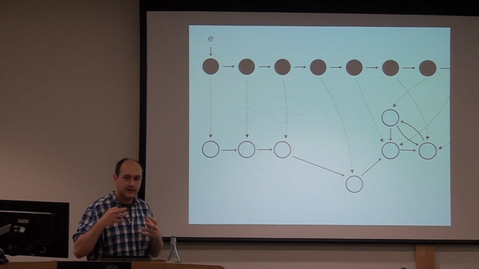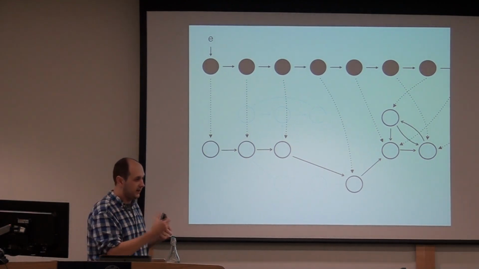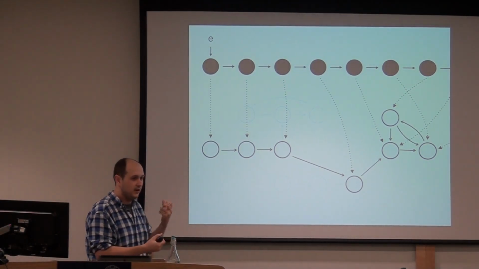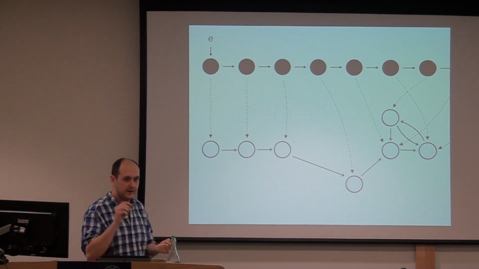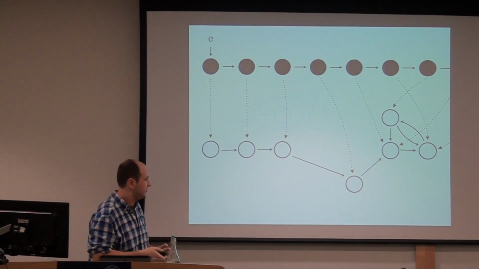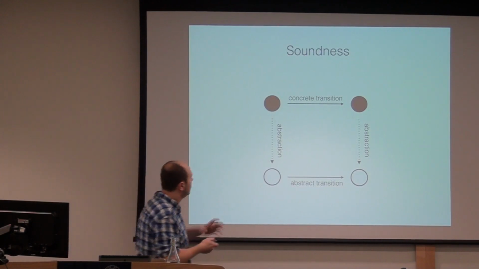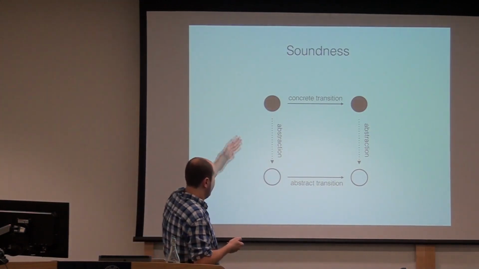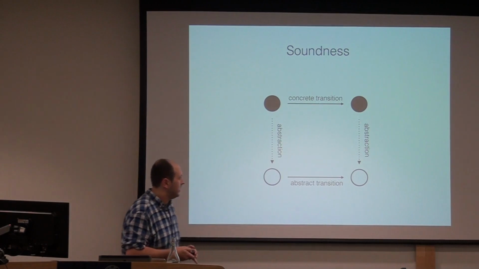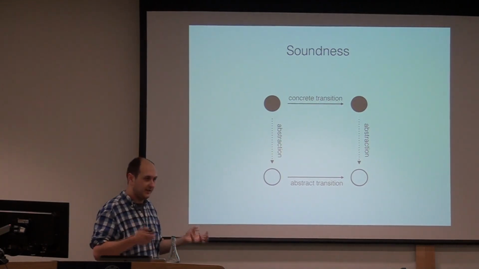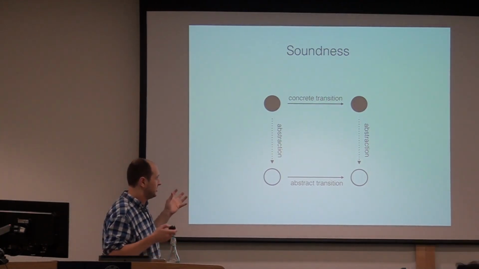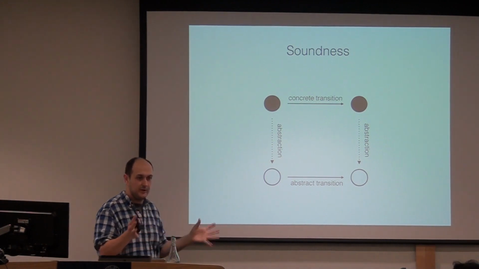So this gives us both an easy way to engineer a static analysis like this, and also a proof of soundness for free by a tuning of our abstract address allocator. And what soundness looks like in this context is that if we have a concrete transition and an abstract antecedent, then we know that there must be some abstract transition which models our concrete transition, although there may be spurious ones.